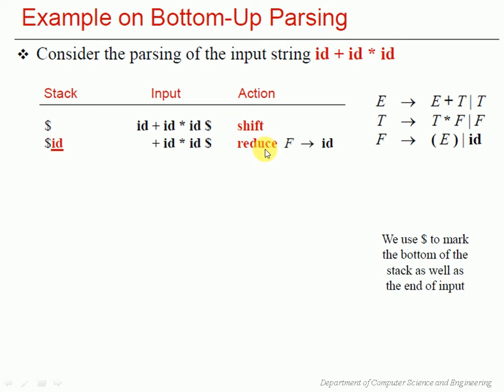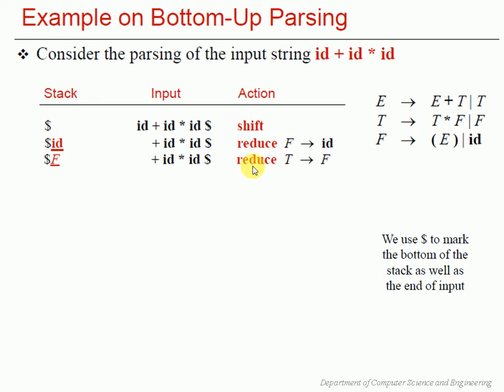The reduce has to use a production where this handle is part of the right hand side, and it is reduced to the left hand side non-terminal. That comes in the next step: here id is replaced by F in the stack, and there is no change in the input.